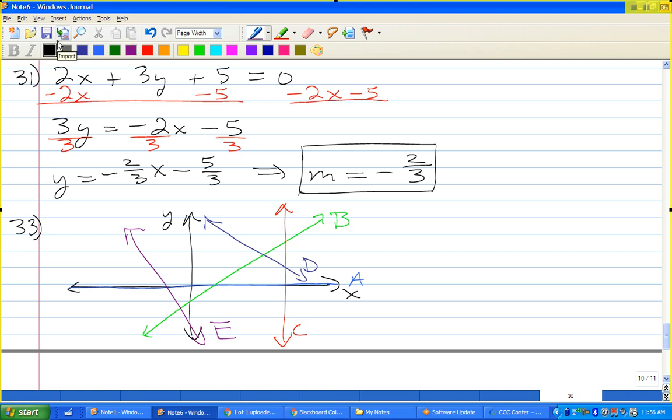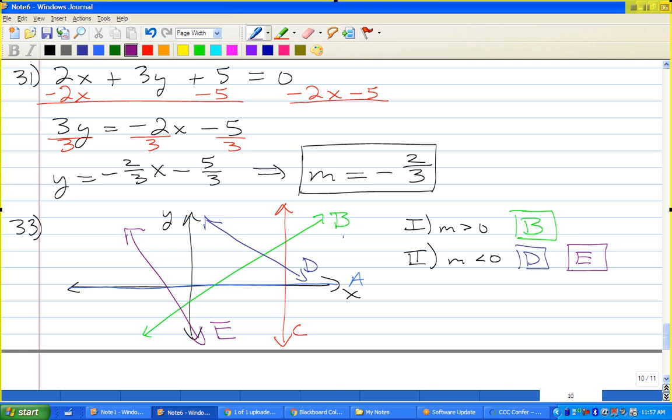Okay, so first, I want to figure out which slopes are greater than 0. The slopes that are greater than 0 would be B. B is greater than 0. Next, the slopes that are negative, less than 0. D, E, that's it. Those are negative.